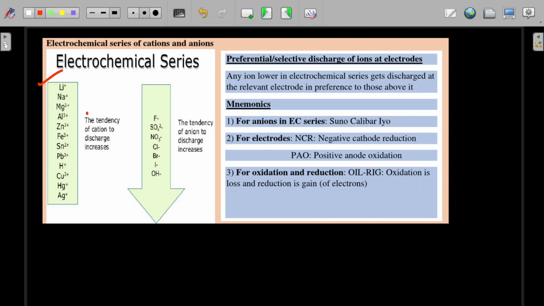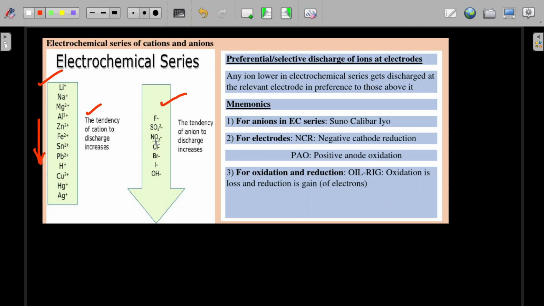The tendency of the cation to discharge increases as you move down the list. So this is basically the list of the cations and anions and not actually the elements, not the metals and non-metals. Lower the position, faster it will get discharged at the respective electrode.